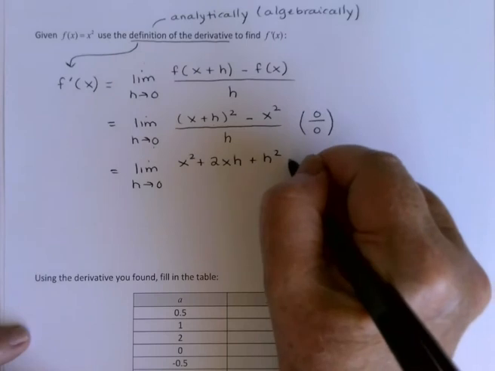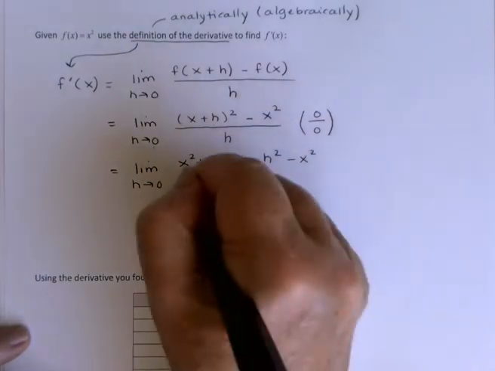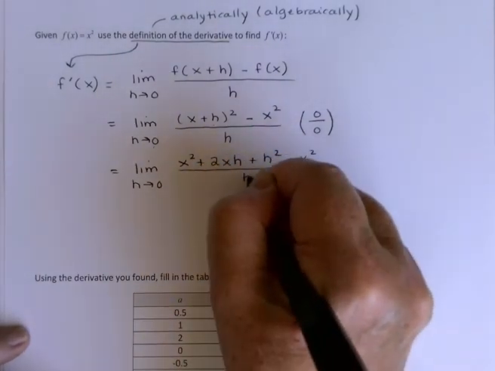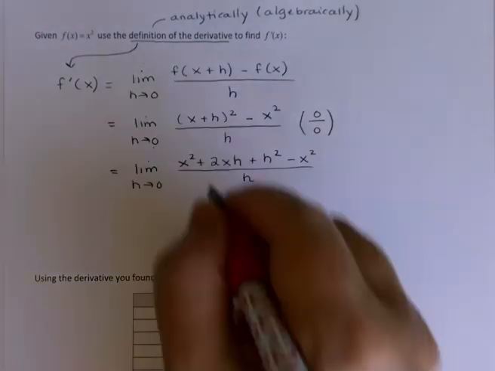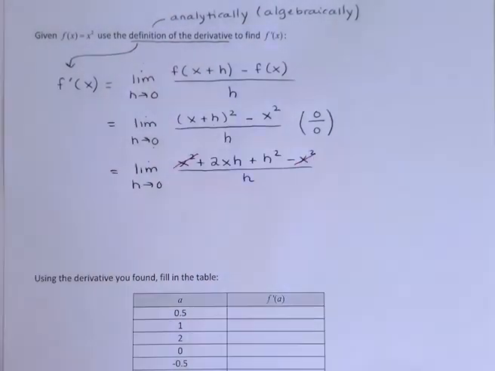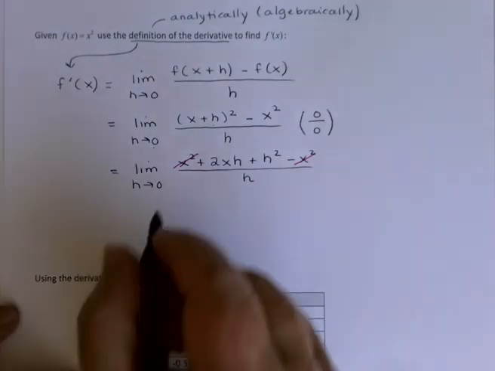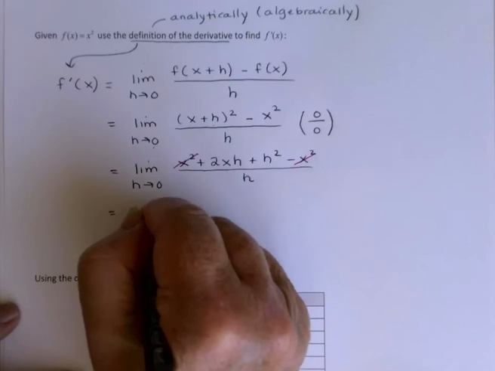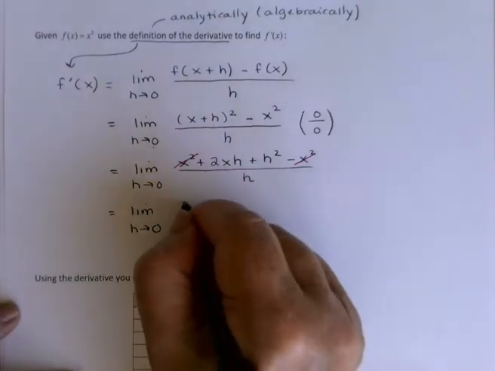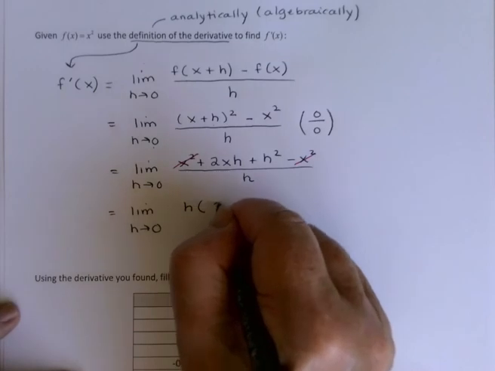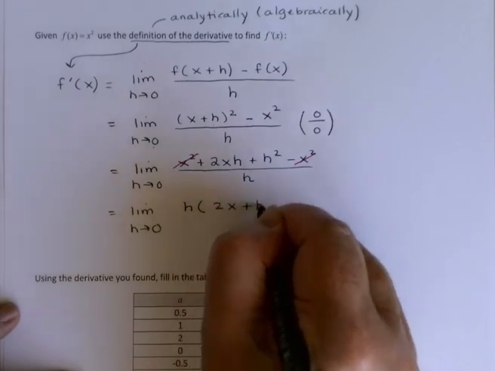And then I still have this minus x squared over h. And now some good things are going to start to happen. The x squareds go away, they add up to 0, x squared minus x squared. And on the top, I could factor out an h, which gives me 2x plus h.